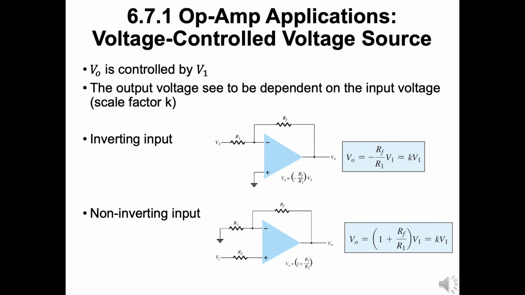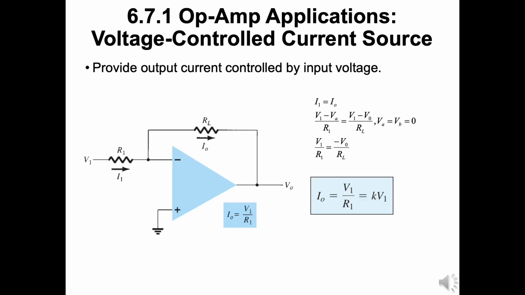For the connection of the top figure, the output voltage is equal to -Rf by R1 times V1. Whereas for the bottom figure, the relation is given by the in-bracket component with the V1. For voltage-controlled current source, the output current is dependent on the input voltage.